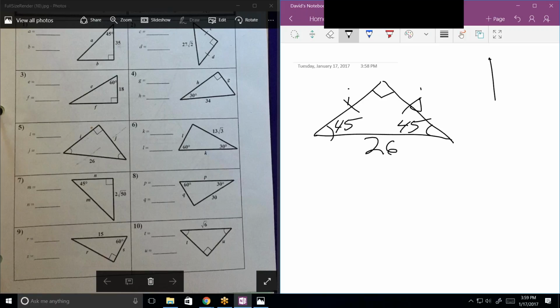Okay? And remember what the dimensions of a 45-45 right triangle are. So what is the similarity ratio here? 26 is to square root of 2. You see why I like going big to little as opposed to little to big?